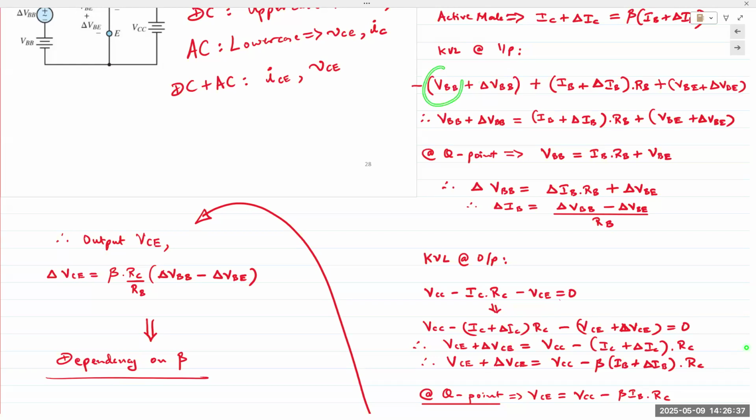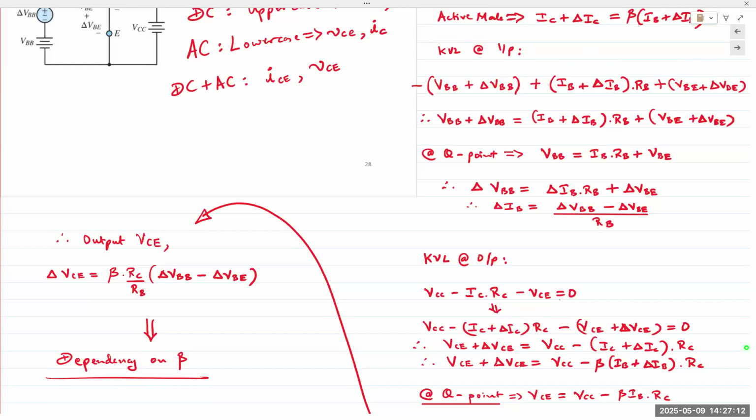This VBB is from our DC power supply. This delta VBB is the signal that you obtain from the function generator, and I'm referring to the lab experiments that we performed. Again, this VBB is the DC power supply, and this is the function generator sine wave AC signal that we applied. So DC plus AC, DC plus AC, DC plus AC. The format of the equation remains the same, except we now have an AC component.